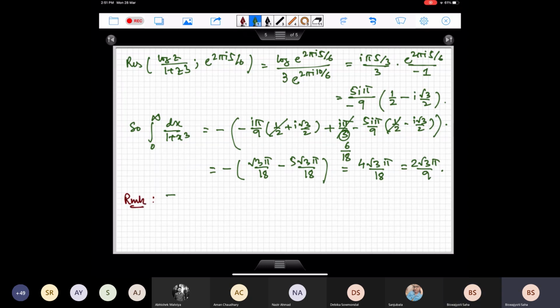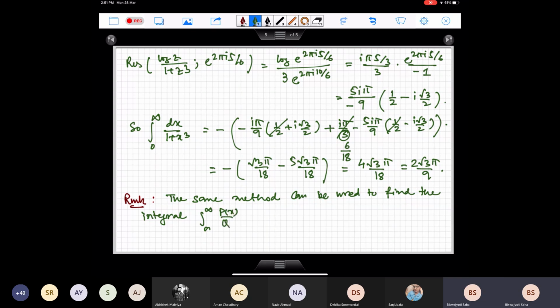The same method gives us, or rather can be used to find the integral from a to infinity of px upon qx dx for any a in R. So I can do that.